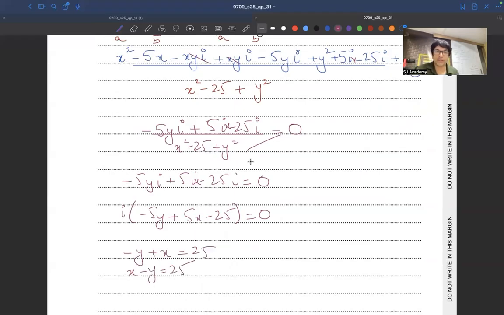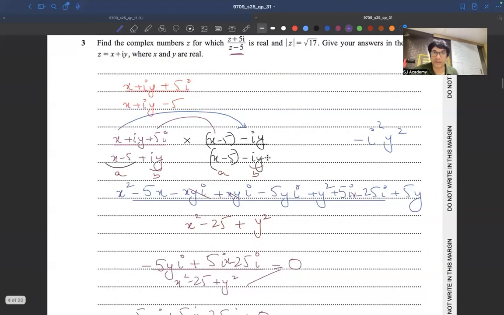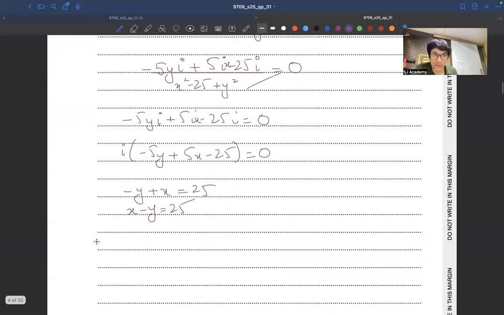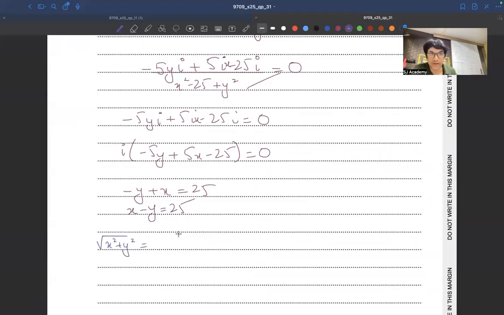Now, what we also know is that the modulus of z is root 17. So the modulus of any complex number is given by the square root of x squared plus y squared, and that is equal to root 17. We can take x equal to 5 plus y.